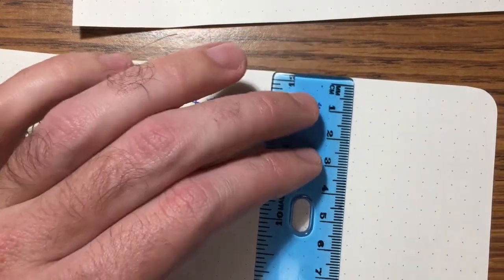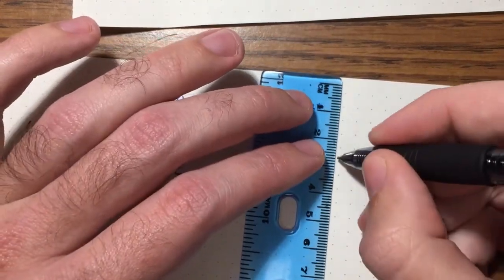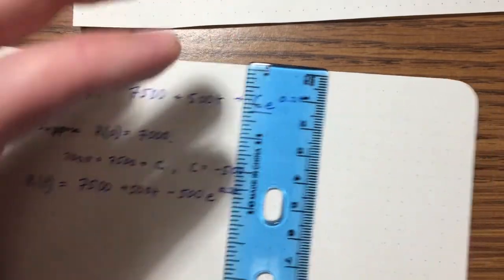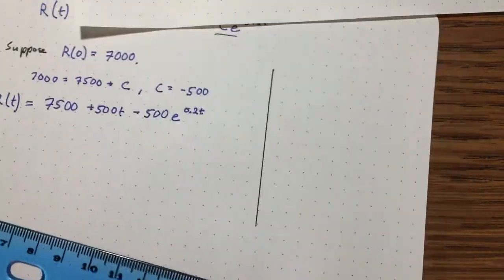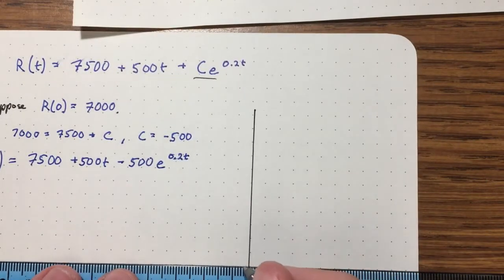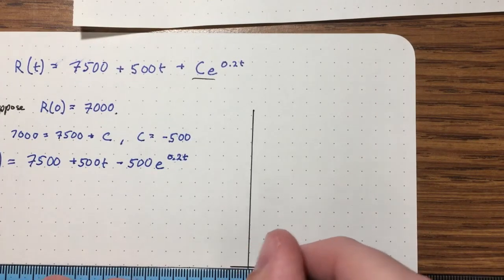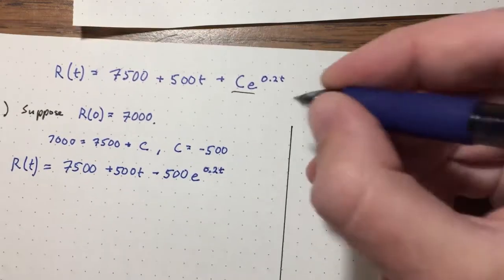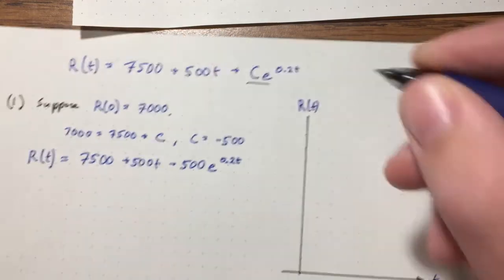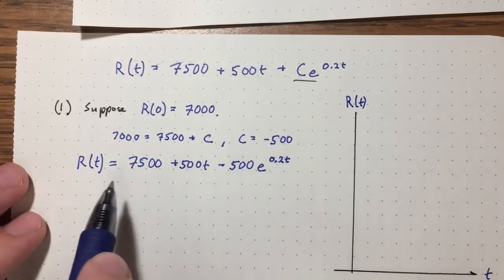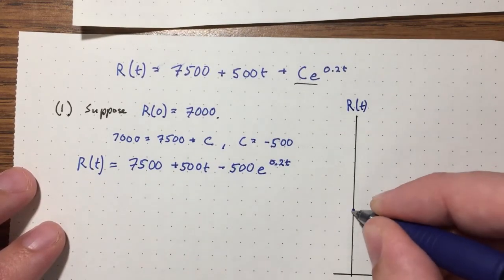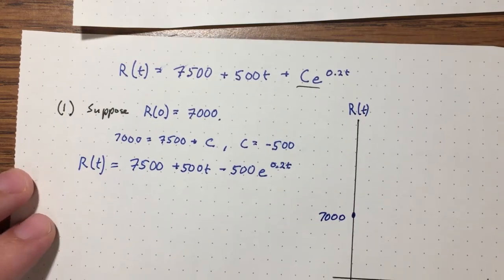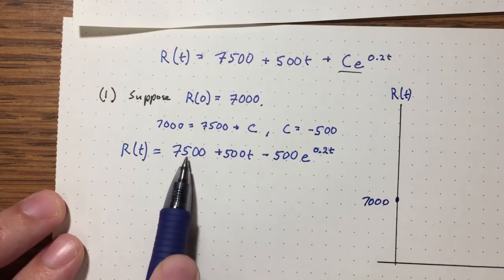Okay, so I'm going to actually draw a graph here. We only need the positive quadrant. So this will be time, and this will be the rat population. Well, we're starting at 7,000. That's r of 0. And so what do we have?